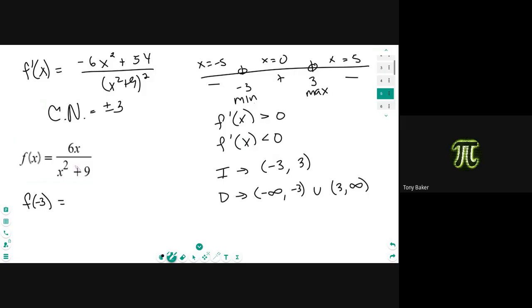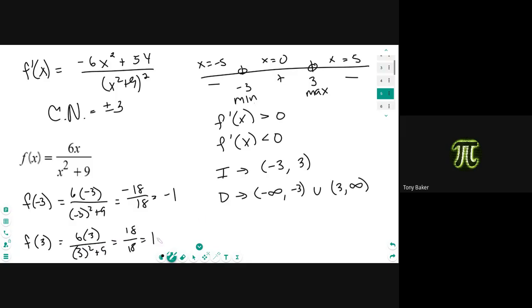So f of -3 is -1. And then f of 3. So I have a min at -3, -1, and a max at 3, 1.